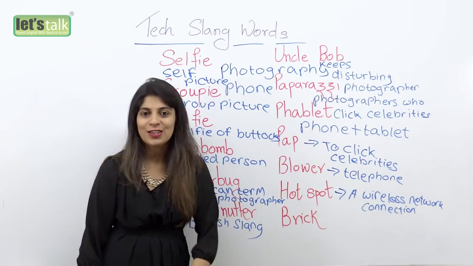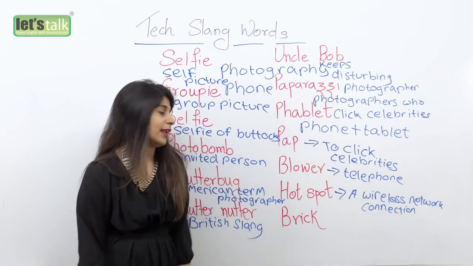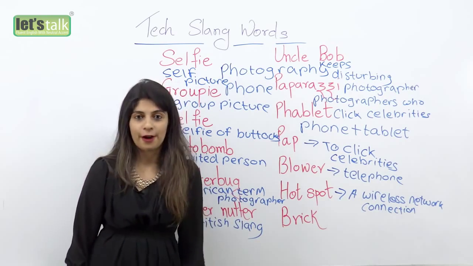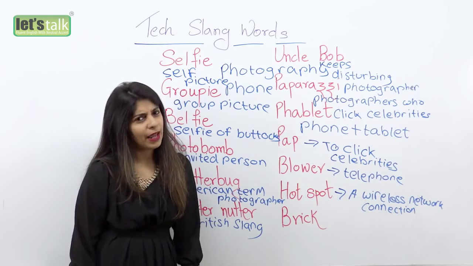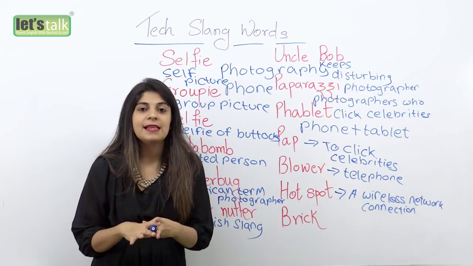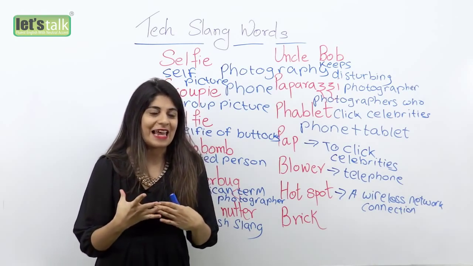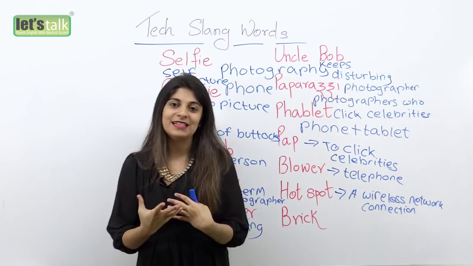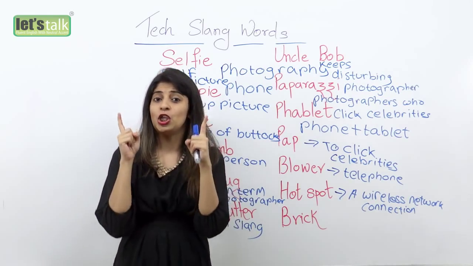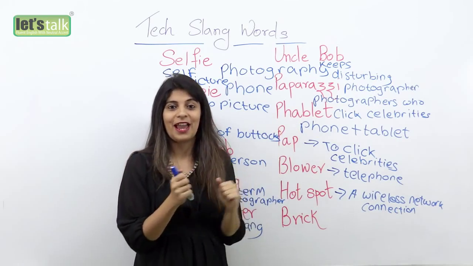Okay, that's hotspot. Okay, the next one, in fact the last one that I have for you, is brick. Well, brick, what do you think it means? Well, brick means a big, huge phone. Well, these days, there are phone companies that are introducing these huge phones. Most of them are phablets, okay?